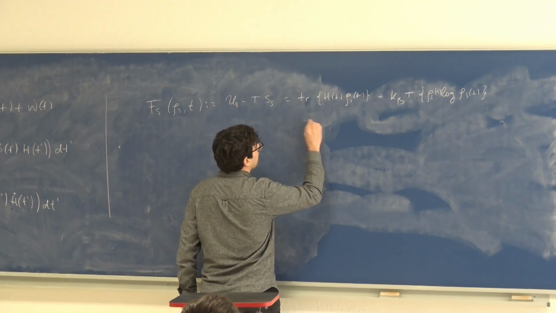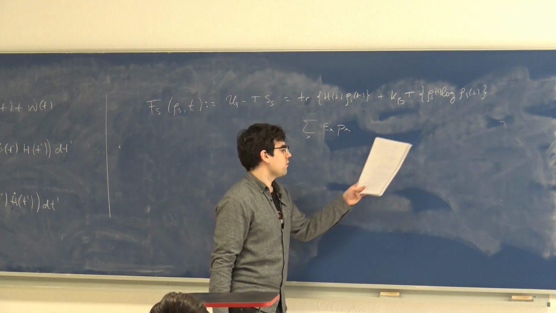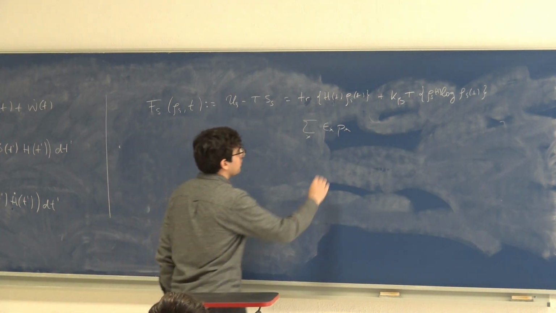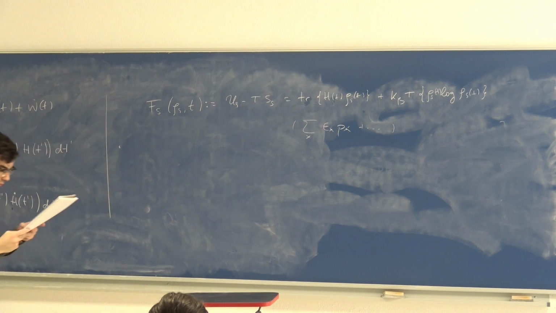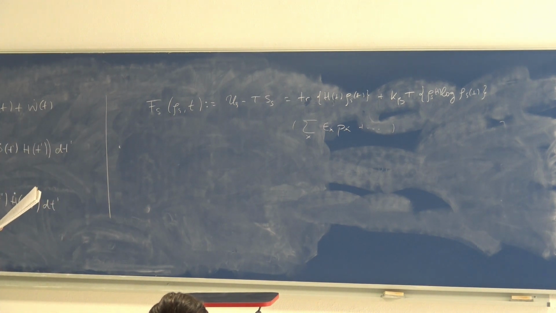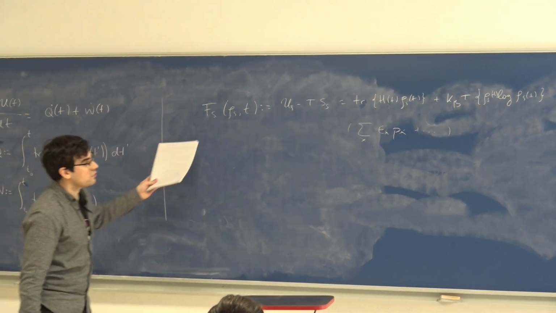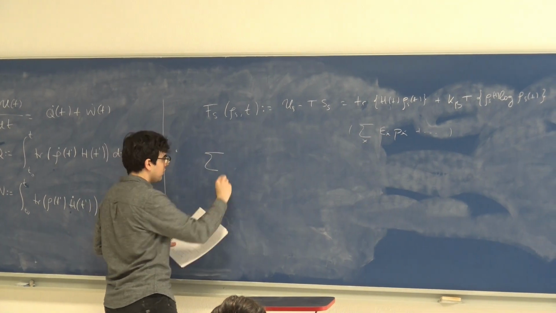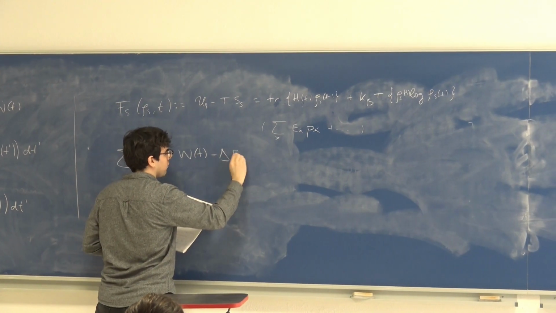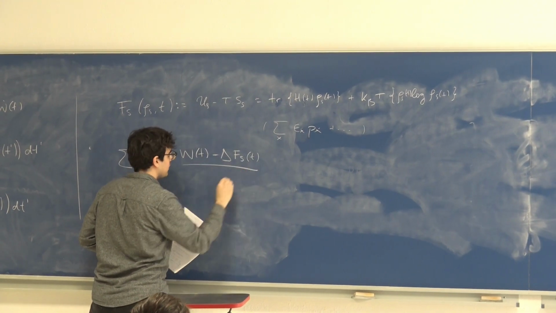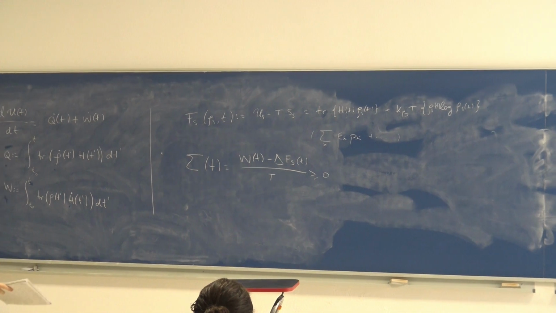You have sums over x, E_x, and the probabilities, and then another term with the heat. So if you take that into account, you can write down the entropy reduction simply as some quantity involving the work and this free energy, which is also positive.